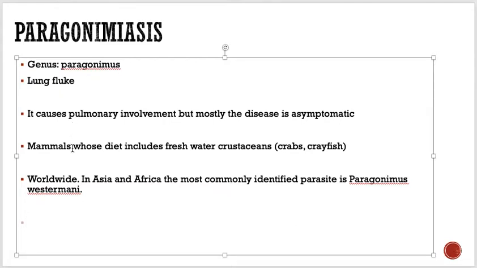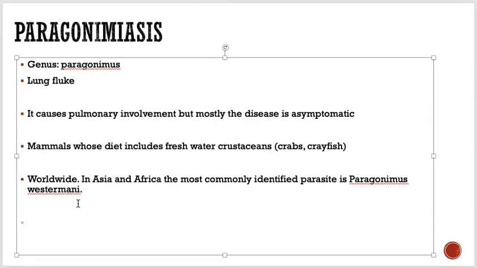In Central America, it is called Paragonimus mexicanus, from Mexico. In China, they name it Paragonimus skrjabini, and in Japan they call it Paragonimus miyazakii.